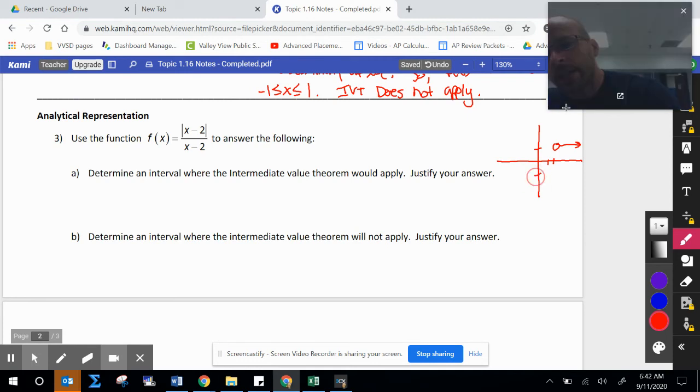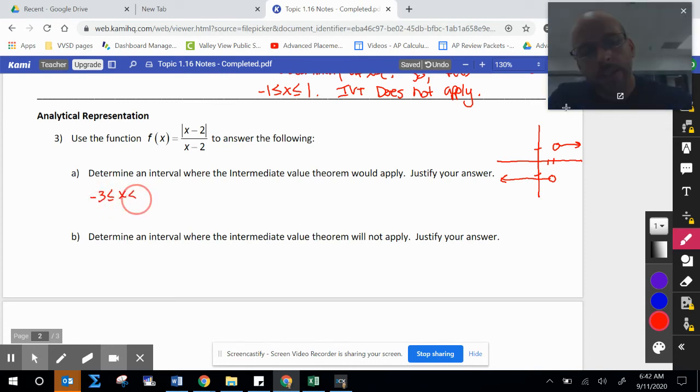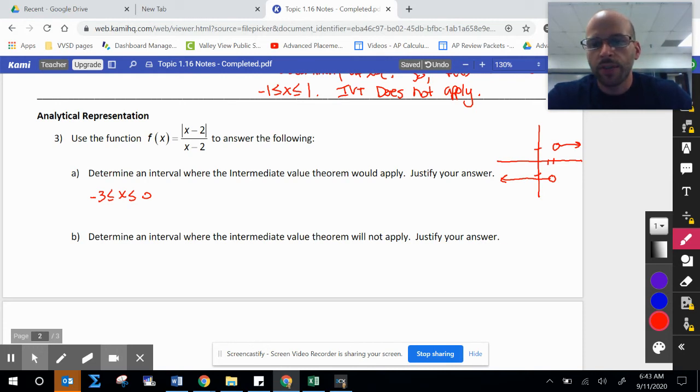It's going to look something like this. There is going to be a jump discontinuity, okay? Determine an interval where the intermediate value theorem would apply, just like the last one. I can say from -3, let's say, to 0, right? Why? Because it's continuous over that interval. That would be my justification.